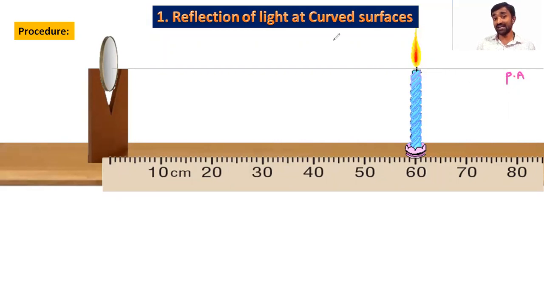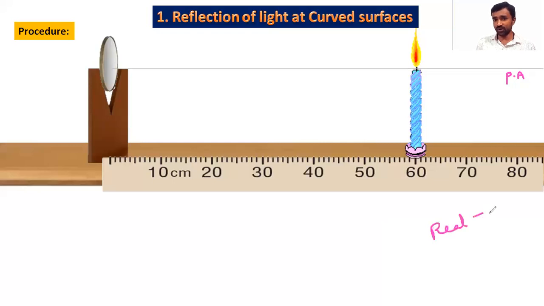So where is the candle flame? Above the principal axis or below the principal axis? It is above the principal axis. So this is the precaution I said, and I am following that. So the flame is above the principal axis. Then what happens? Its image may be obtained as a real image or virtual image.